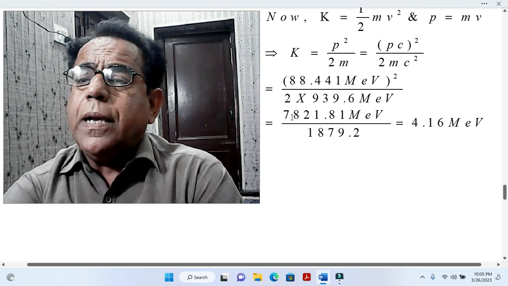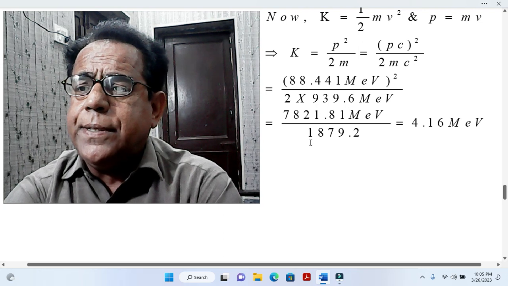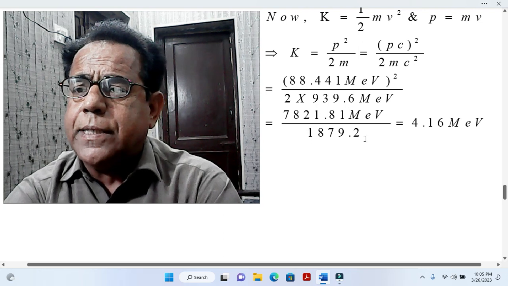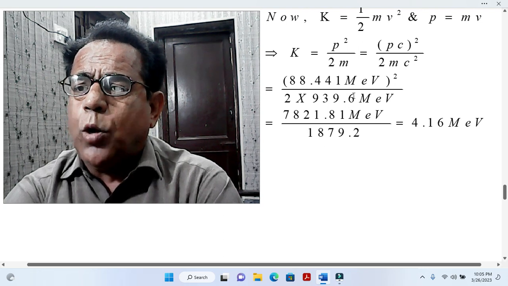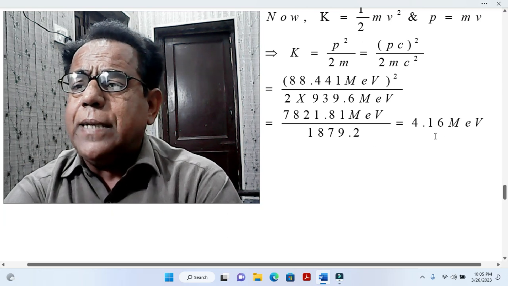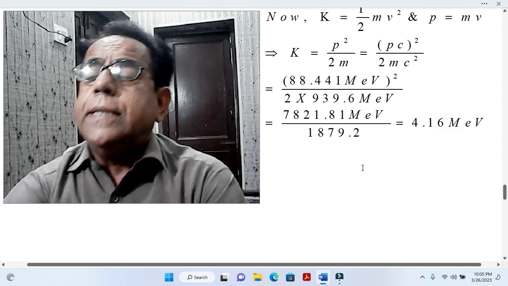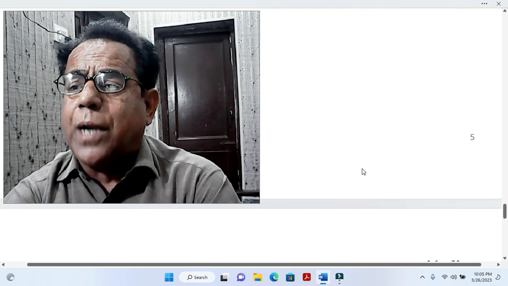In the numerator we have this value, and in the denominator we have this value, which is just double of 939.6. After simplifying it becomes equal to 4.16 million electron volt. This is the solution of part B, and now we come to part C.